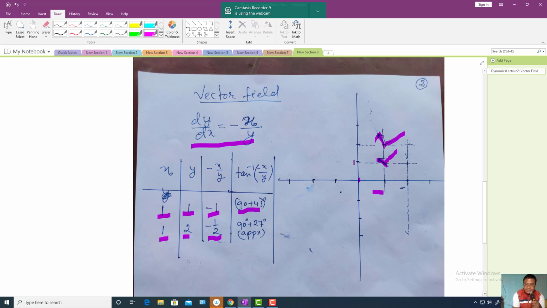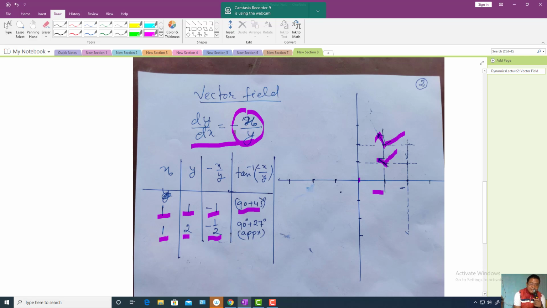Okay, so like that, at every point you think about drawing such a vector field. At each point you think about drawing such a direction. Okay, so that is easy, because why? Even though you cannot solve the differential equation, you know this function.